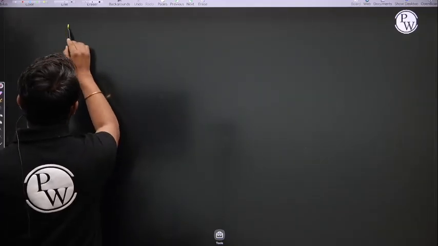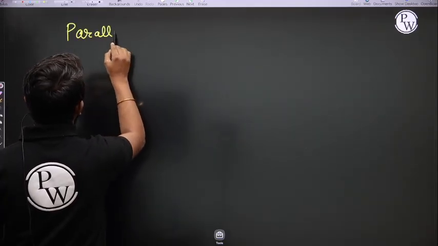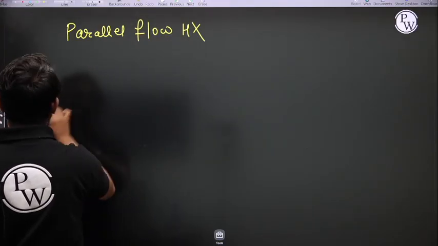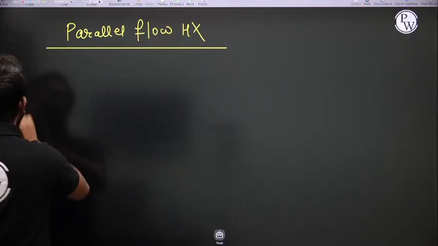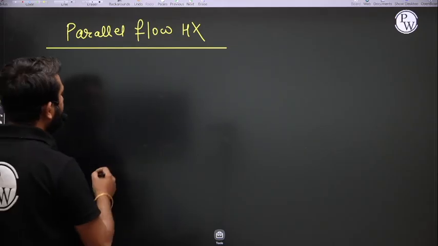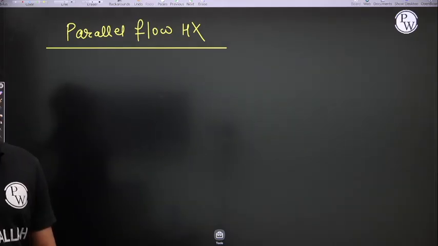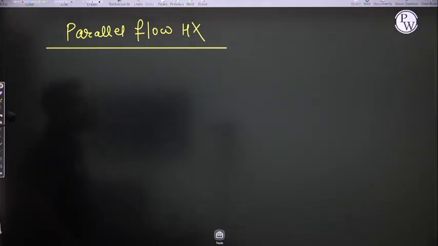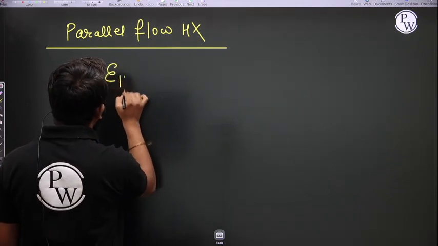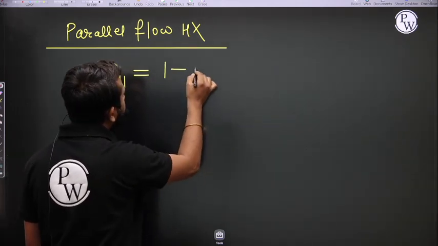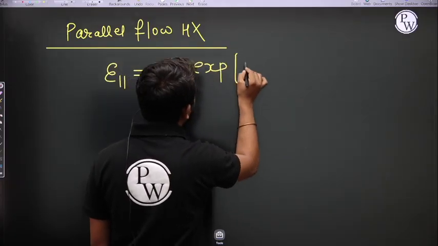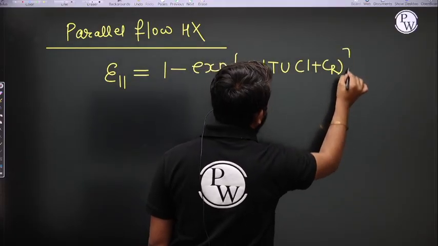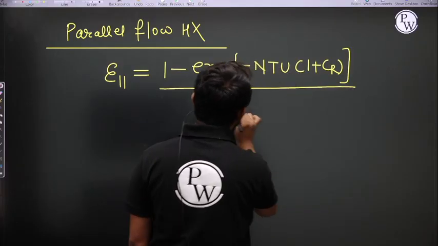So if I'm talking about the parallel flow heat exchanger, the mathematical expression for the effectiveness of a parallel flow heat exchanger is 1 minus exponential of minus NTU into (1 plus CR), upon 1 plus CR.